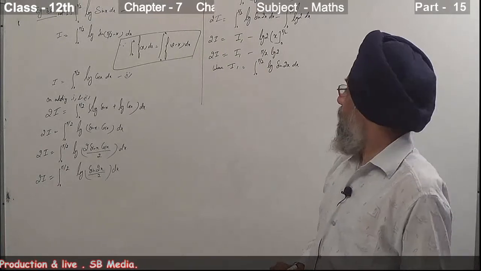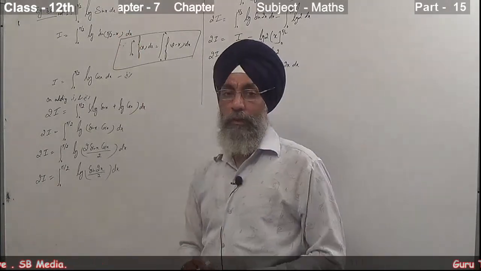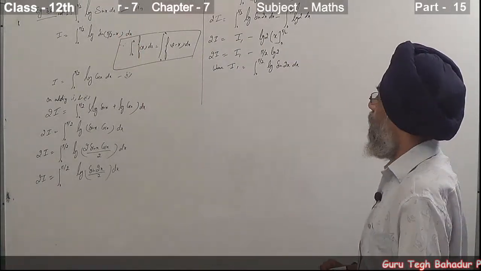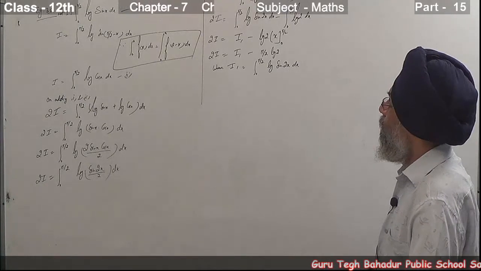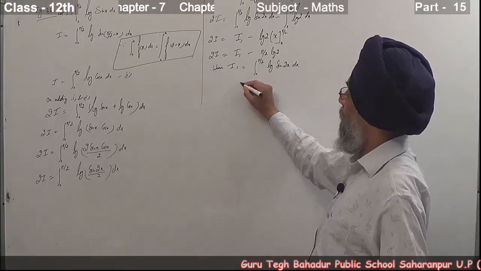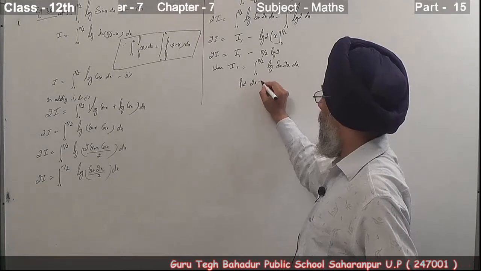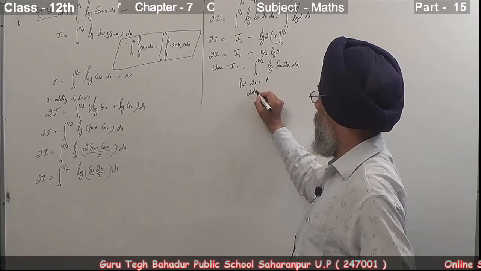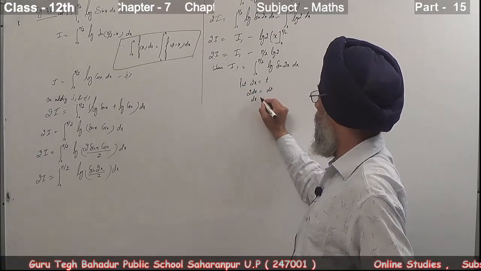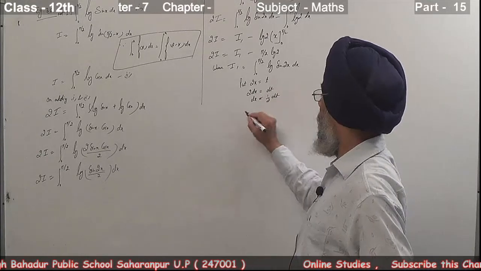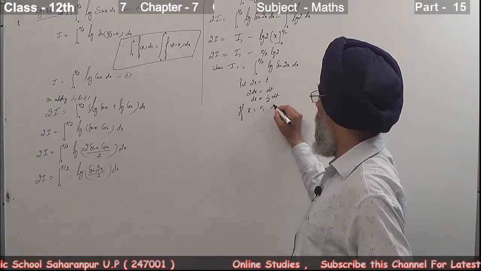If you see, in the beginning we have the integral from 0 to pi by 2 of log sin x, but here we have the integral from 0 to pi by 2 of log sin 2x. If we put here 2x as t, so 2 dx is equal to dt, dx is half of dt. If the value of x is 0, t is 0.